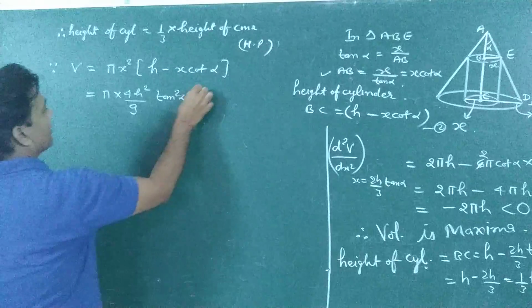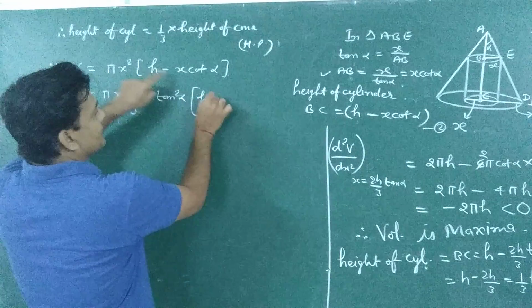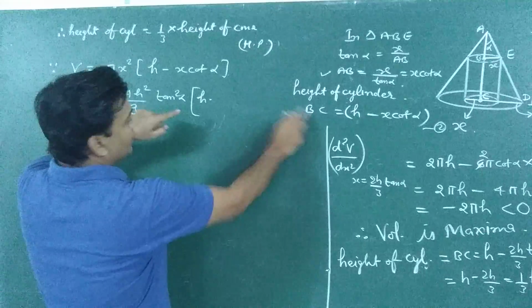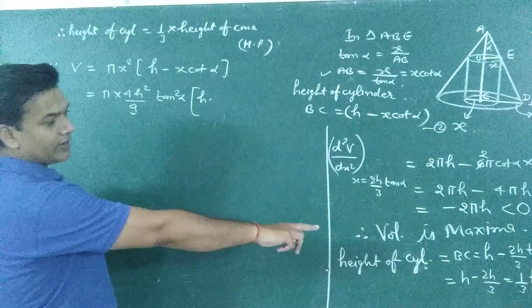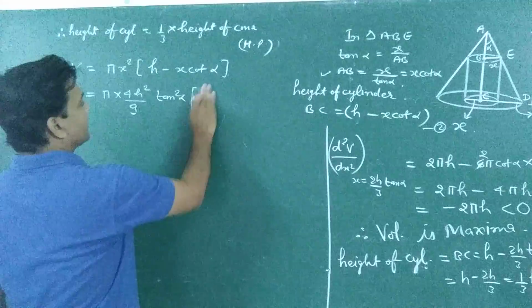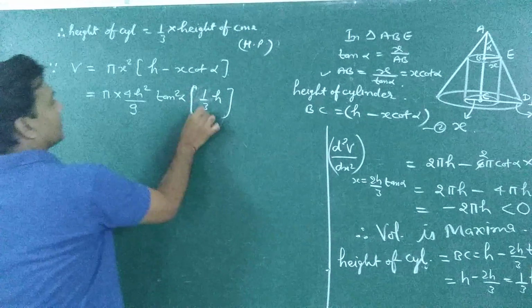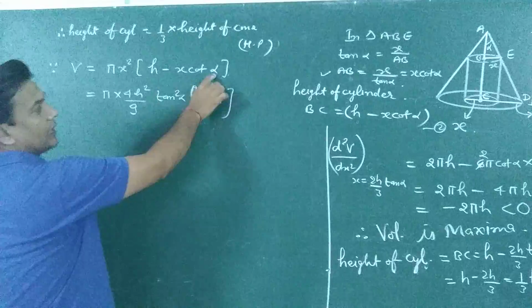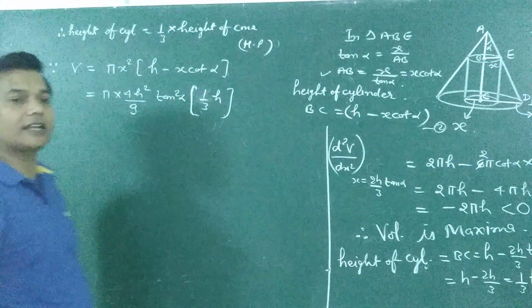This is our x square value. And h minus x cot alpha, which means BC, and BC we have already calculated here, 1 by 3 h.